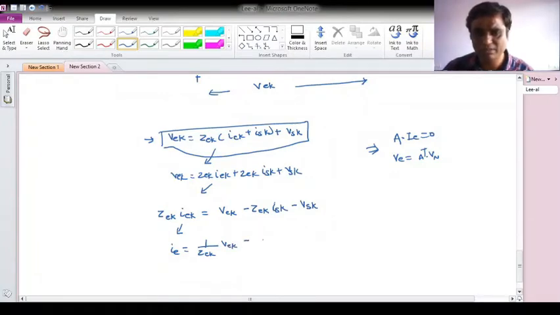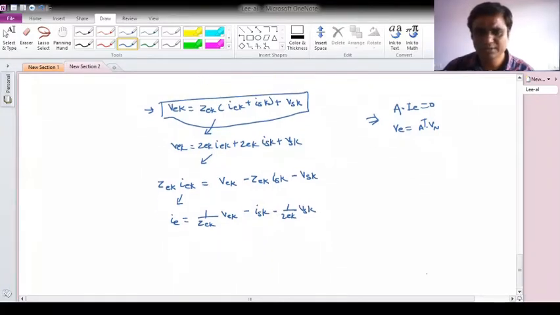For a single branch I am writing, so ZDK cancels, and it will be ISK, and 1 over ZDK is YEK, which is nothing but admittance. So this is for one branch, so IK will be equal to YEK into VEK minus ISK minus YEK into VSK.